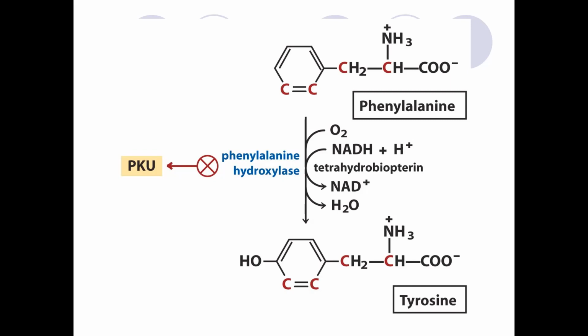It'll interfere with neurotransmitter synthesis, and it'll cause permanent mental retardation. So if this runs in your family, there's a good genetic test you can order and learn right away if the baby needs to be put on a restricted diet. So that's phenylalanine hydroxylase, uses molecular oxygen and dihydrobiopterin.